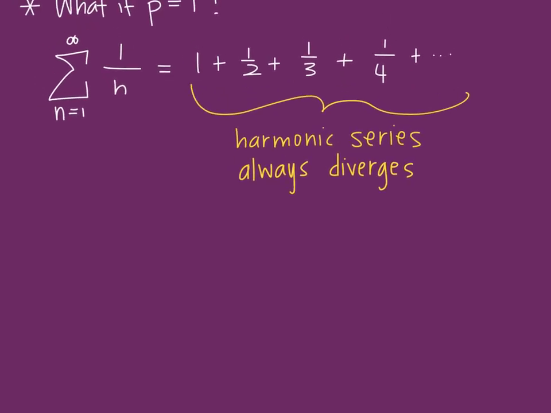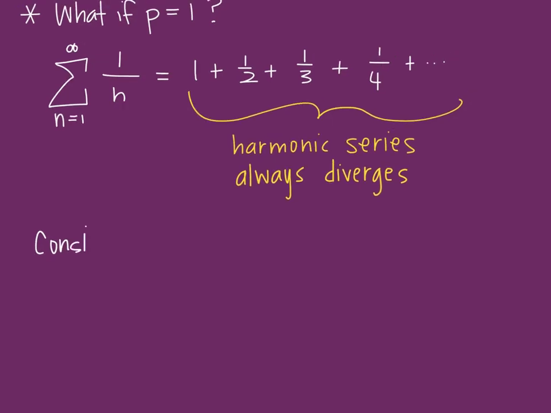So let's consider a different series that doesn't have a name, but I want to show you that series instead. You want to know why? Pull out only the terms that are powers of 2.